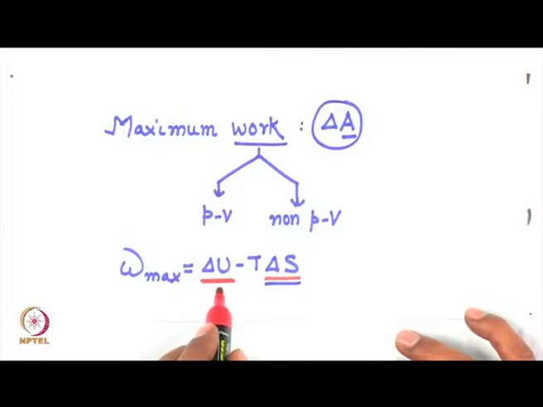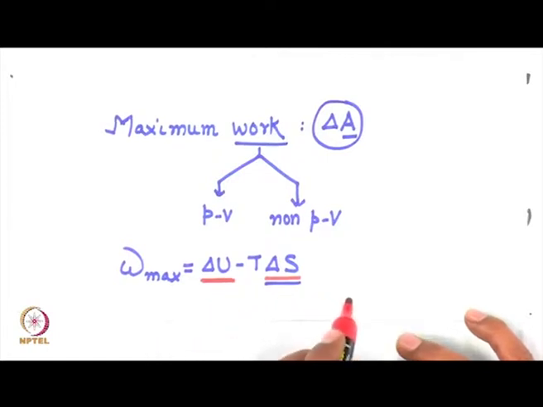Since all the change in internal energy is not available for doing work, part of the change in internal energy has been used up in the form of heat to increase the entropy of the surroundings. That means nature is putting some tax on it. All the change in internal energy is not available for doing work.